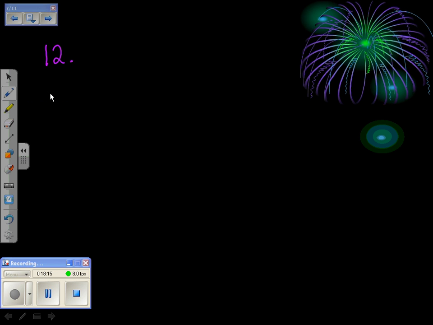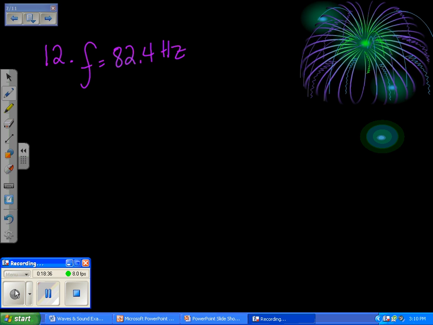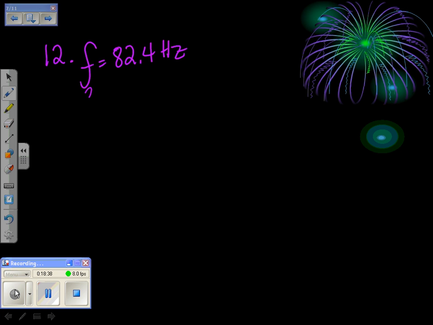Now 12 is a little bit easier than what we have been dealing with. We have Walter and he has a bass. We're told that it has a frequency of 82.4 hertz. Millie's a soprano and she can hit as high as a third overtone of this note. So the third overtone is actually the fourth harmonic.